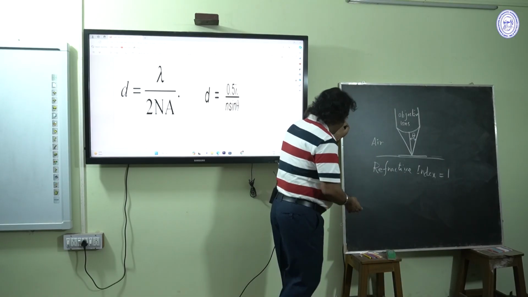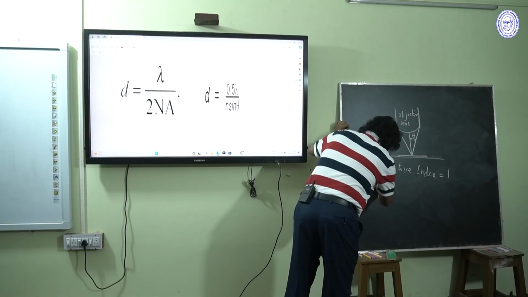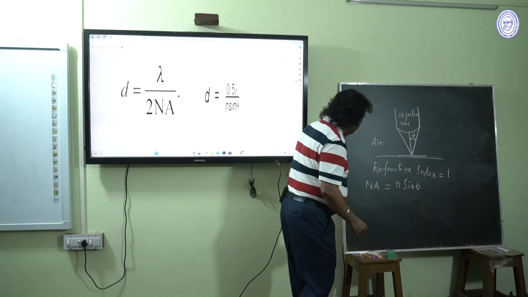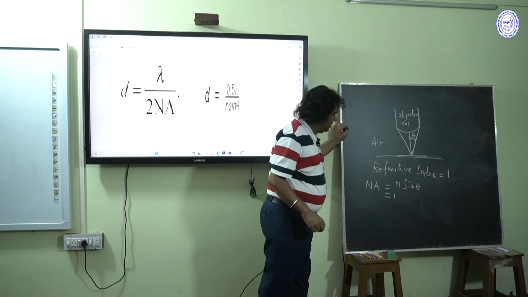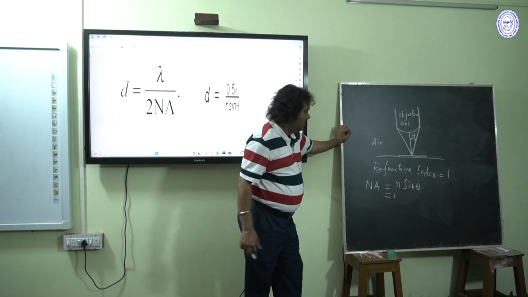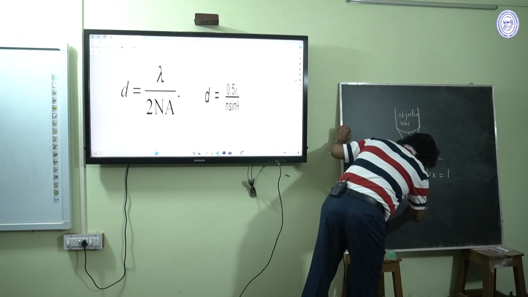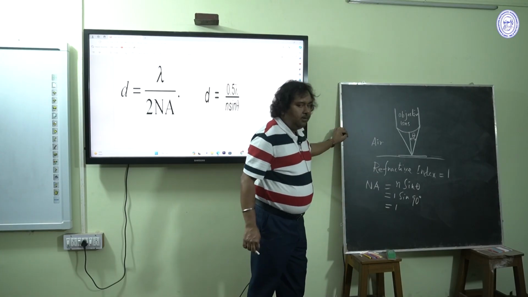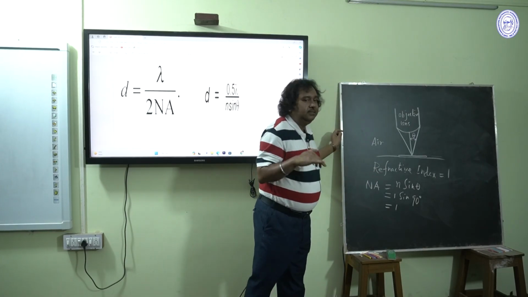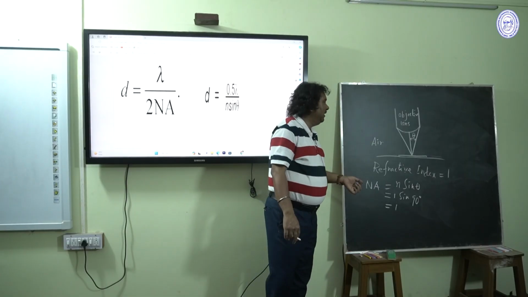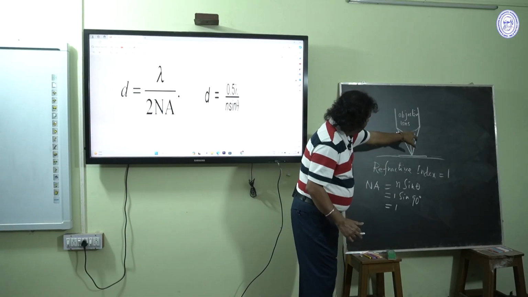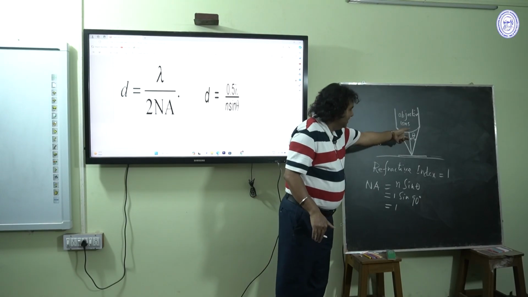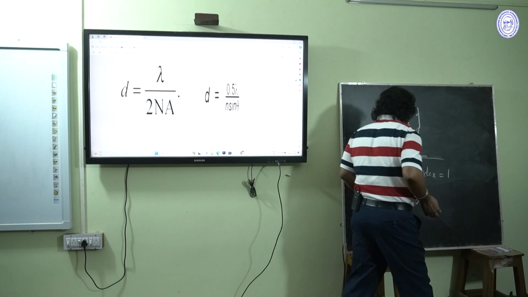So NA is equal to n sin theta. n is 1, and the maximum value of sin theta is sin 90 degrees. So here NA is 1. But in practice, we will not be able to create a theta of 90 degrees. In theory it is possible, but in practice it is not. You can try it, you will not be able to do this.